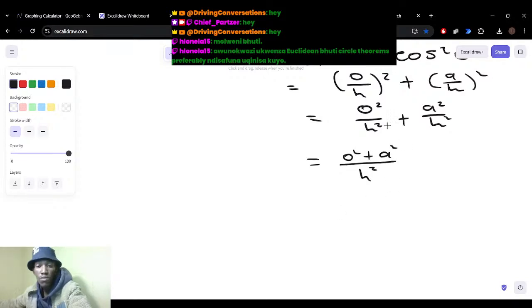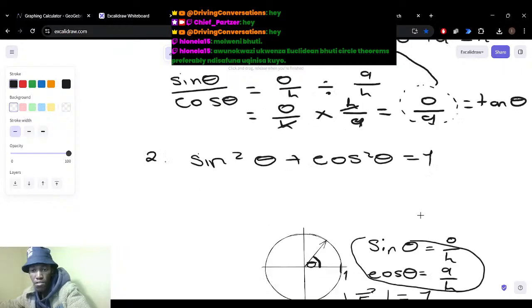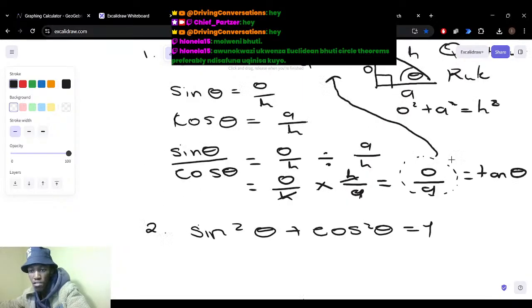But now let's go back to the triangle that we drew. Using Pythagoras theorem, opposite squared plus adjacent squared equals hypotenuse squared.